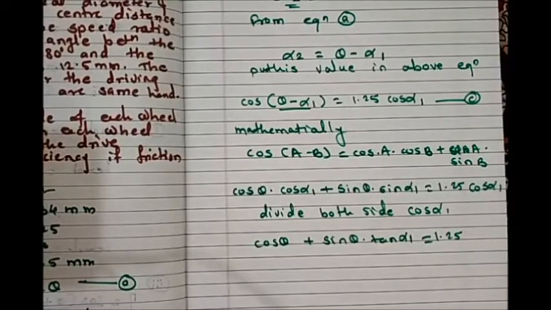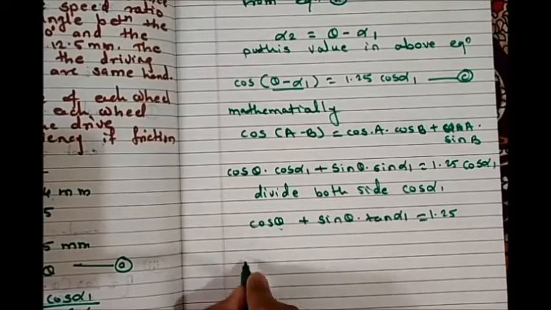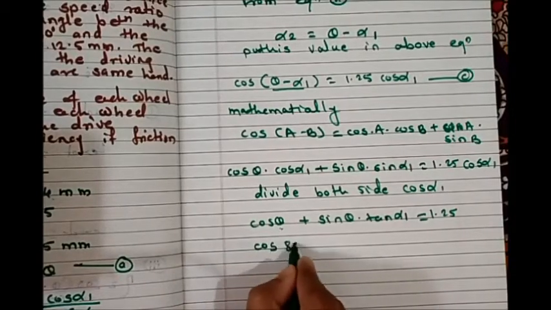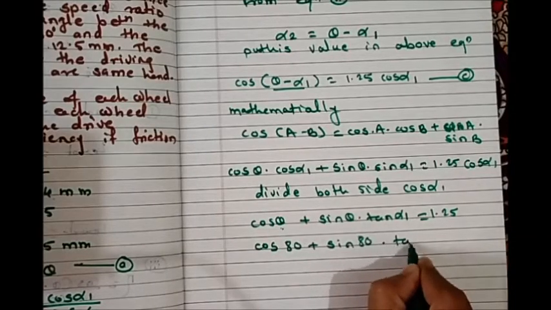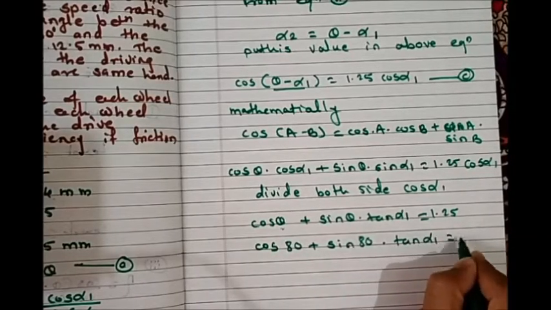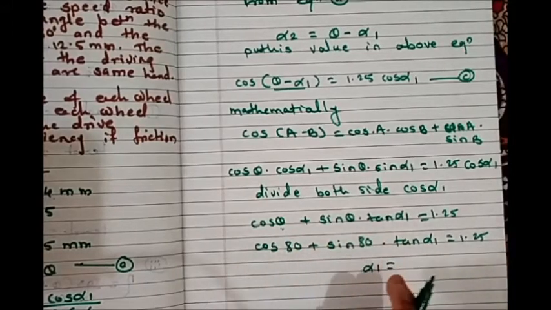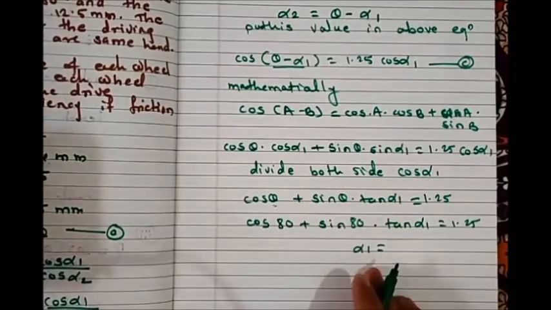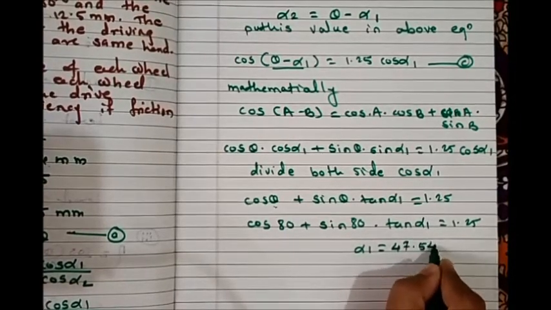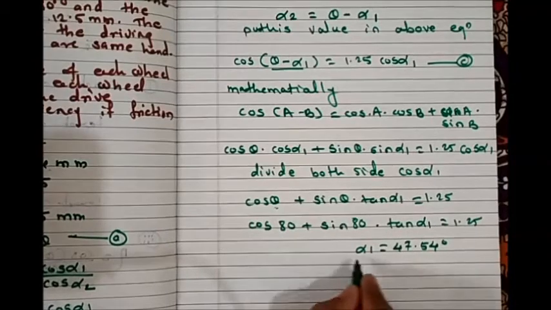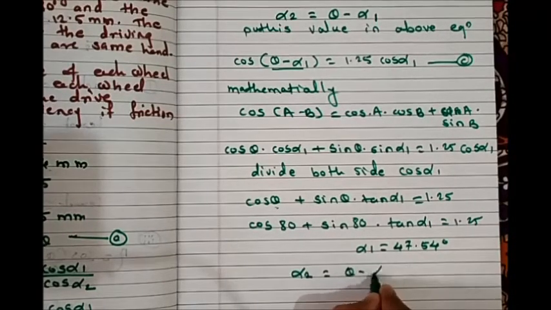Now we know the value of theta, so let's put that value: cos of 80 plus sin of 80 into tan of alpha 1 is equal to 1.25. After solving this equation we get alpha 1 is equal to 47.54 degree, and now alpha 2 is equal to theta minus alpha 1.